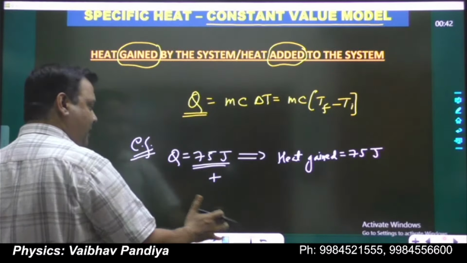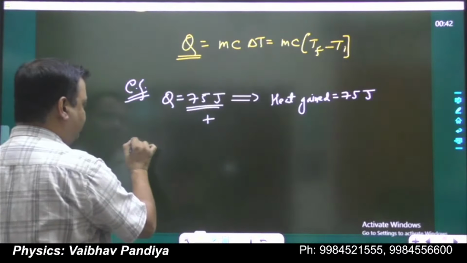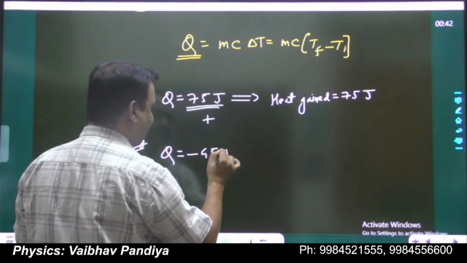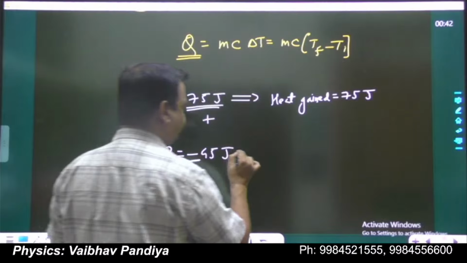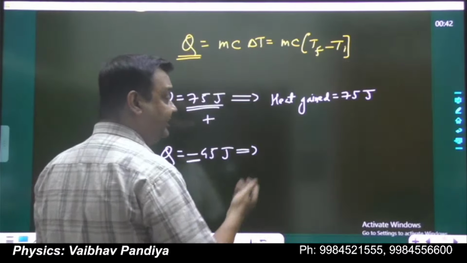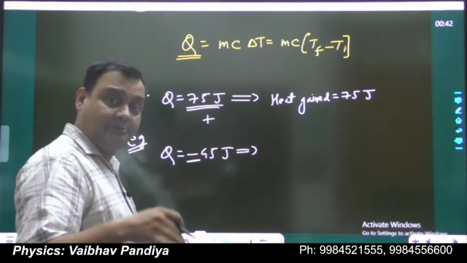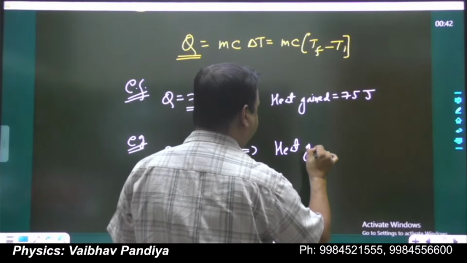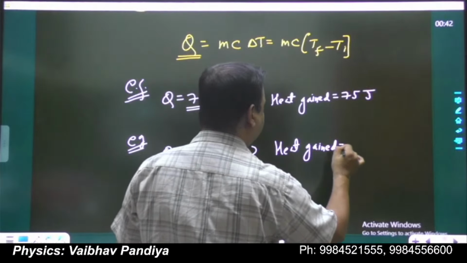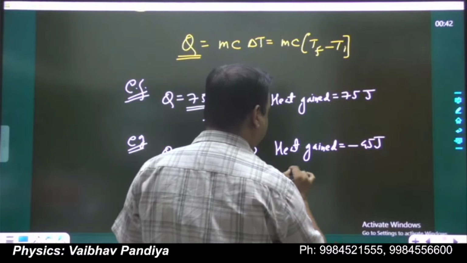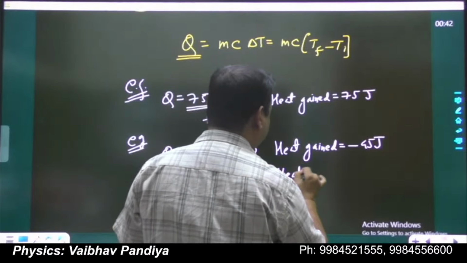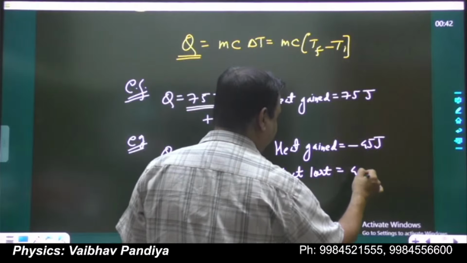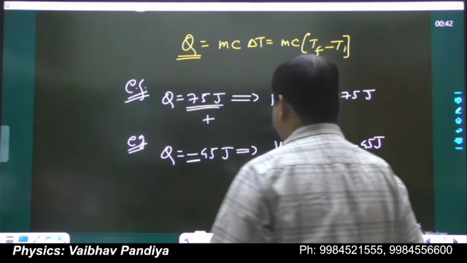Okay. Now suppose in some particular numerical problem, you got a value of Q as minus 45 joule. Now you're getting a negative value, and in your model, Q is the heat gained. We never talk about heat lost. We will always talk about heat gain. So basically your heat gained is minus 45 joule. That is what you are getting. So what it means is the heat lost is, of course, opposite to heat gain, so 45 joule, not 75, correct?